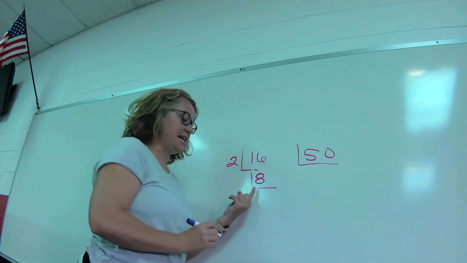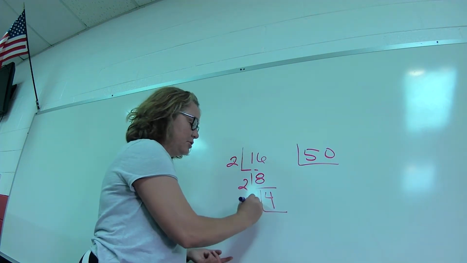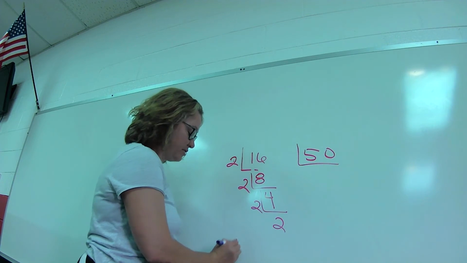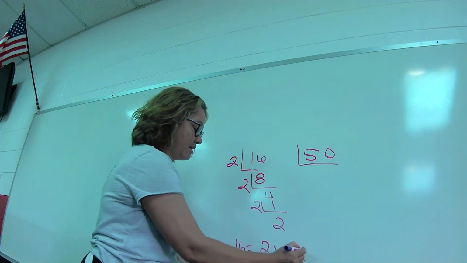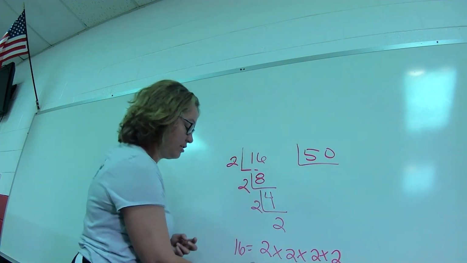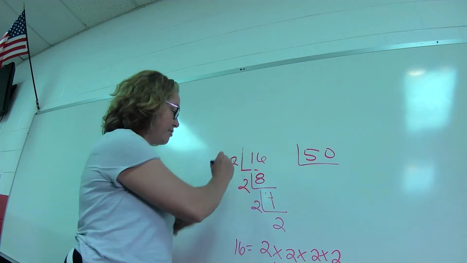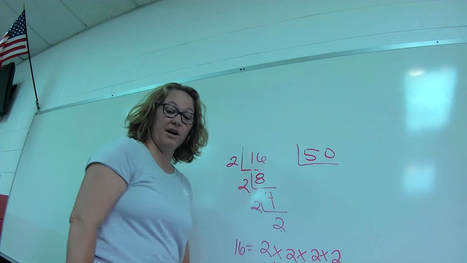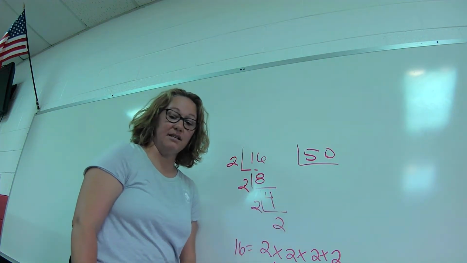Now we're going to divide 8 by 2, which gives you 4, then 2, 2. So 16 equals 2 times 2 times 2 times 2, or 2 to the 4th power. Again, we have to make sure we have divided all the primes out, so those are without the brackets. If it's a composite number, it stays in a bracket.